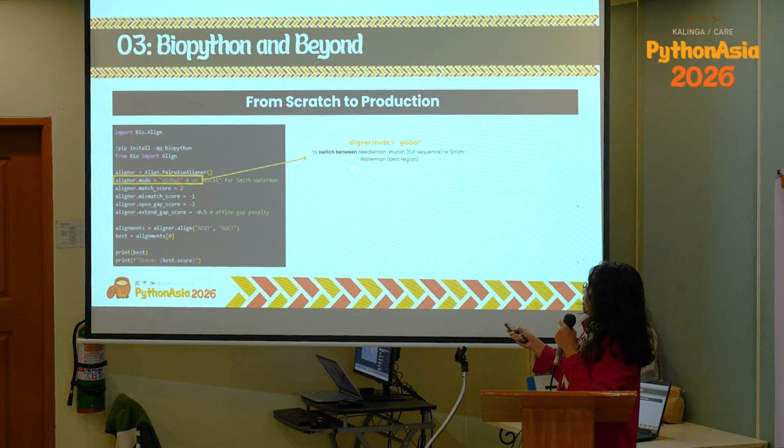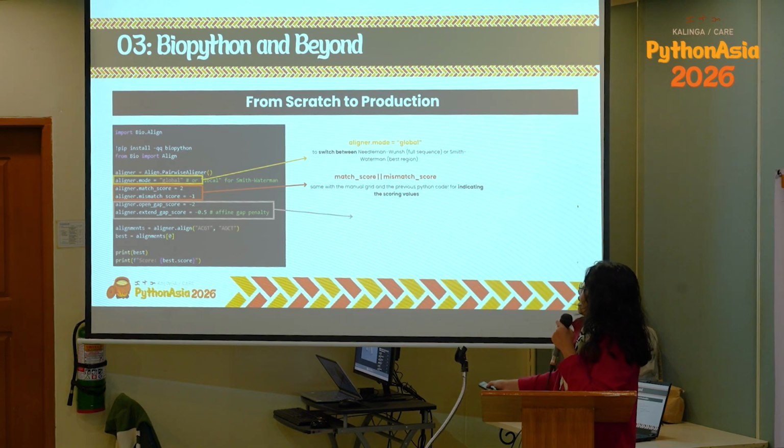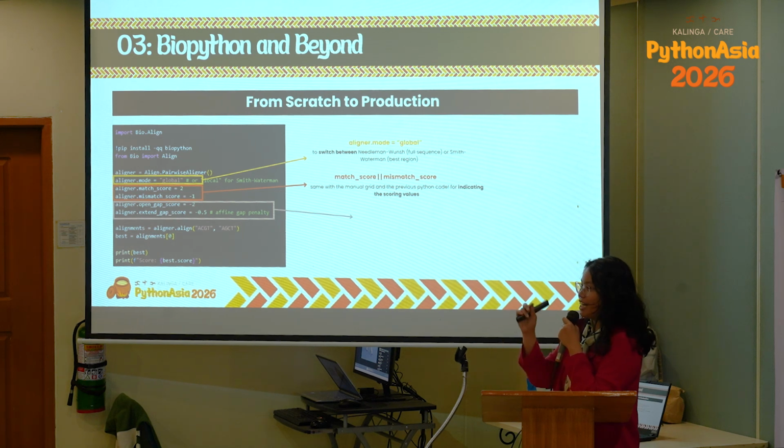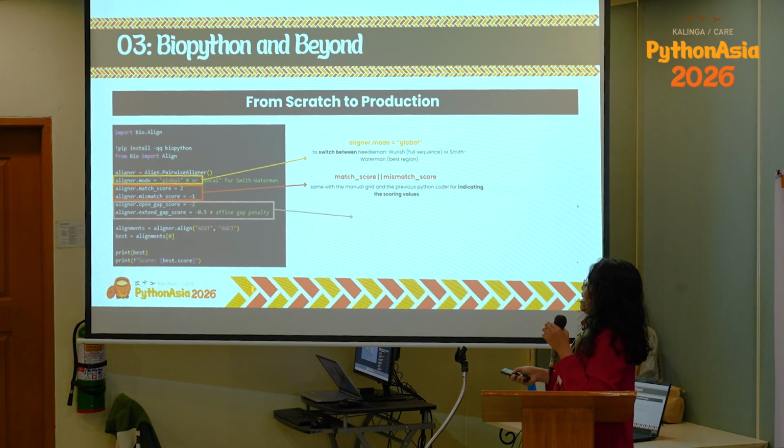You can see here, you can just switch between the Needleman full sequence, or the Smith-Waterman or best region, because this is easier, right? And also you can just add the match and mismatch scores here yourself. For this one, this is the difference between what we've done earlier with the code that I've taught you, because that is just for teaching the steps, but this is actually the production use.